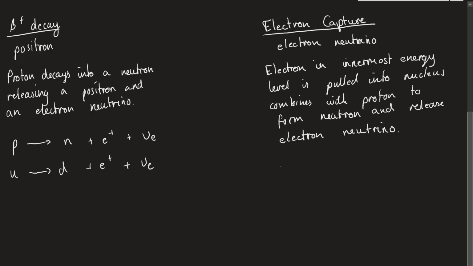So we're starting with a proton plus an electron, because the proton is dragging in this electron, and then these are going to come together to form a neutron and release an electron neutrino.